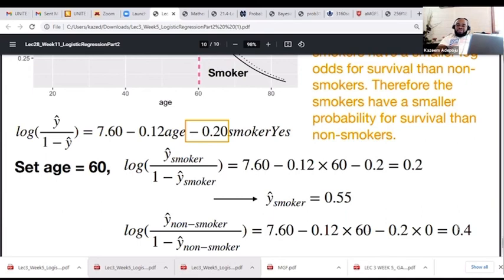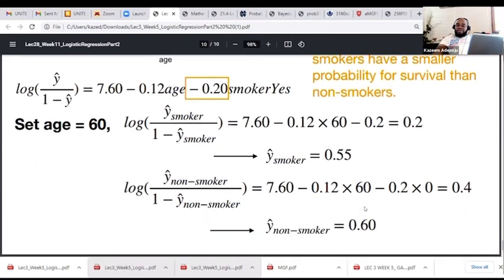You can see that the log odds here is greater than the log odds here. Of course, the probability is also higher. If we compute the probability, the probability for a non-smoker is going to be higher than that of the smoker. I'm talking about the probability of being alive. That's what we mean.